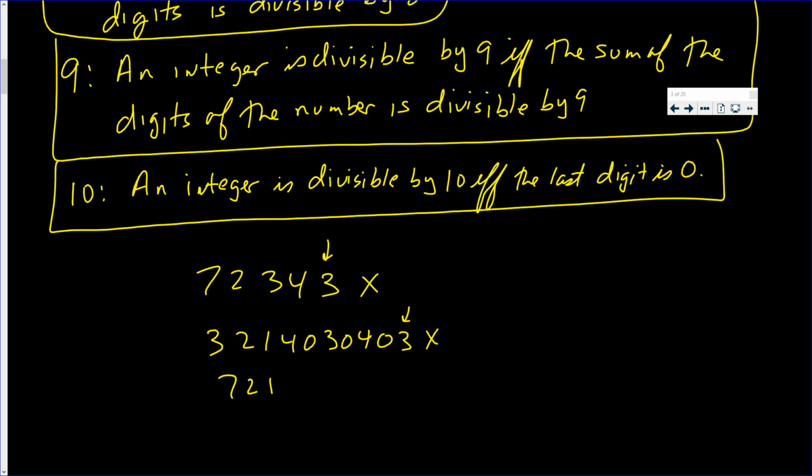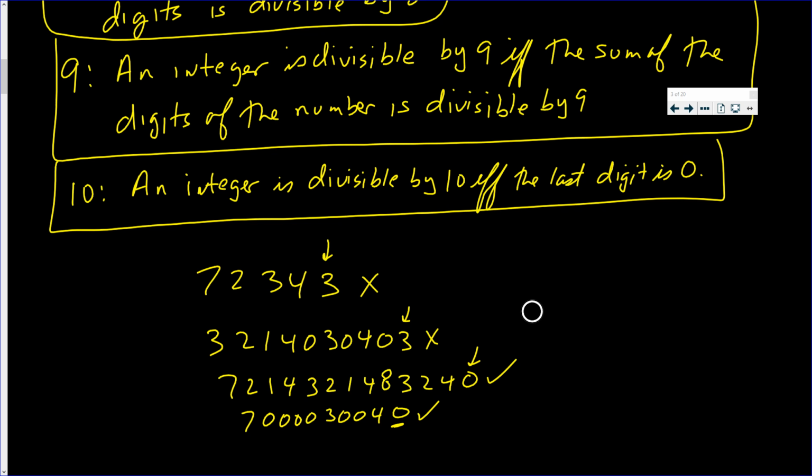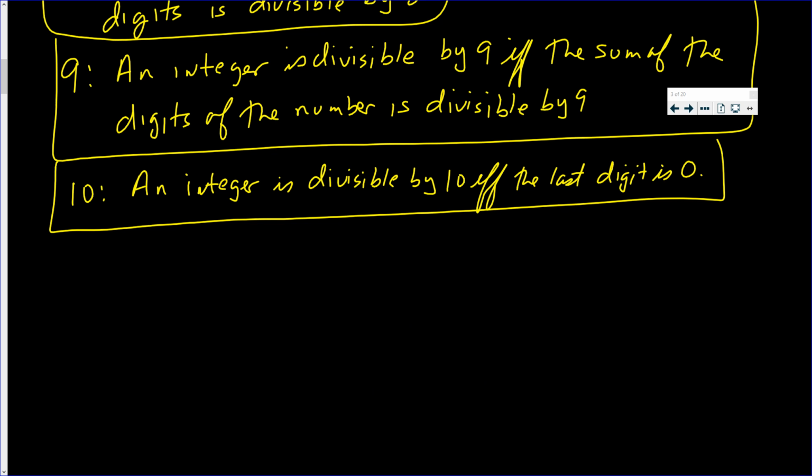This long number can have next to no zeros except the last digit. It can have many zeros. The last digit is 0. It's divisible by 10. Just look at the last digit. If it's a 0, it's divisible by 10.